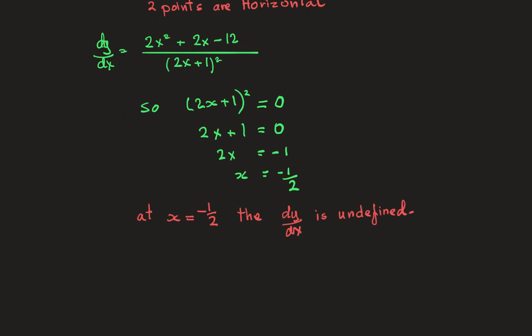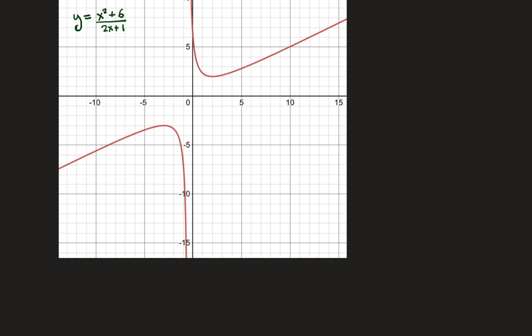I would like to demonstrate this for you by showing you the graph from Desmos. We calculated that dy dx is equal to 0 at x equal to 2 and at x equal to minus 3. And looking at this function, you might be able to see that that's exactly where the tangent is 0, at the point 2, and it is also 0 at the point minus 3.